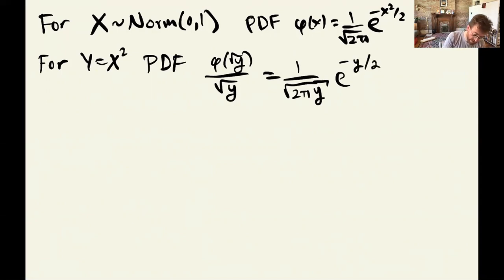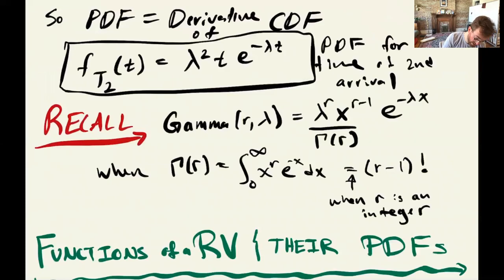And it turns out that this actually fits into this family of gamma distributions where you put r equal to 1/2 and lambda equal to 1/2. Let's think about that for a second. When r is a half, I have a half minus 1, which means I'm going to have a 1 over square root of x down in the bottom here. And if lambda is a half, then that's already 1 over square root of 2 pi.